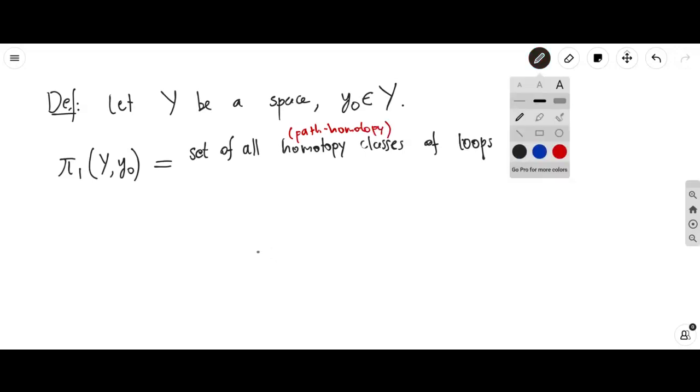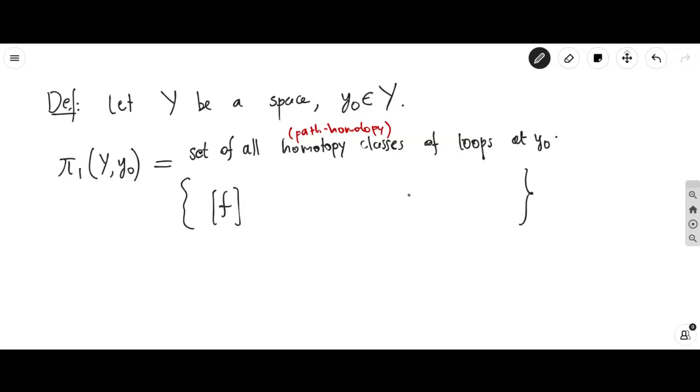So what this is supposed to represent is that it's basically going to be a set, and the elements of the set are, let's say, the bracket of F, the homotopy class of F. What is F?